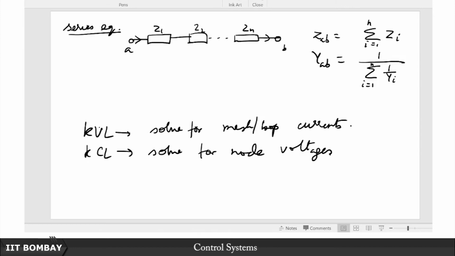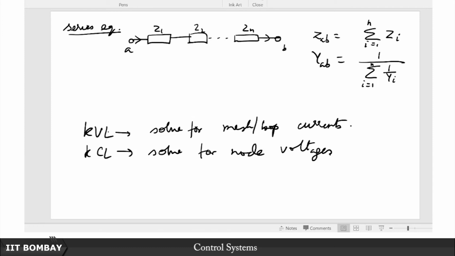The reason being that in KVL the formulation is such that your unknowns are the mesh or loop currents, and in KCL the unknowns are the node voltages, right. That is not to say that if you use KCL you cannot solve for loop currents, or if you use KVL you cannot solve for voltages. You can always do that, but then you have to do some extra work.